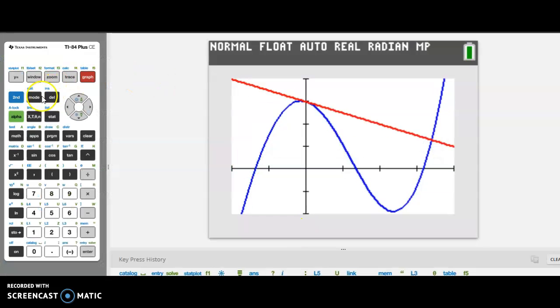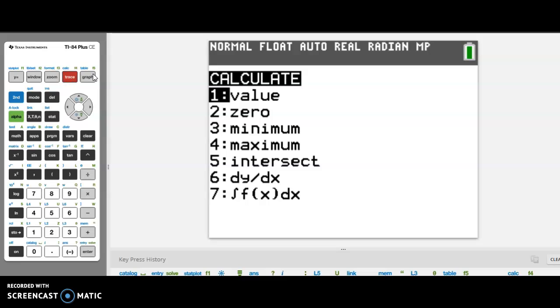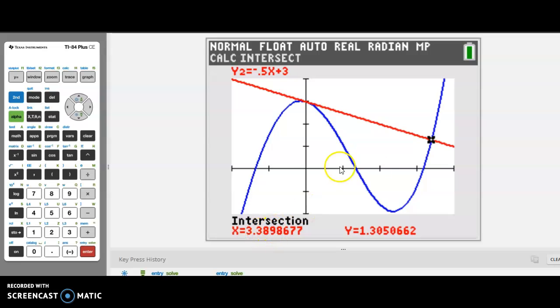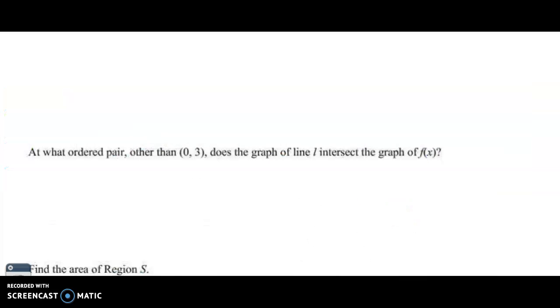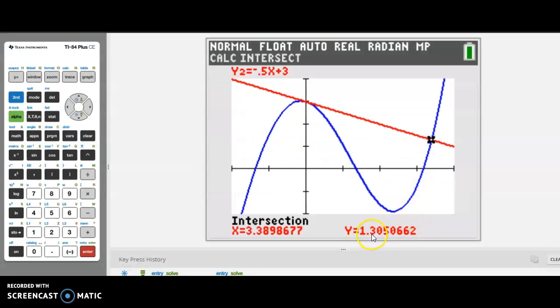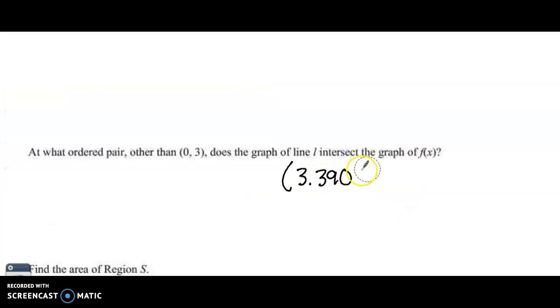Second, trace, point of intersection. It's the 5th option. Move your marker over there as close as possible, and hit enter 3 times. About 3.390. I actually really only care about the x value, but since I asked for the ordered pair, the y value is 1.305.